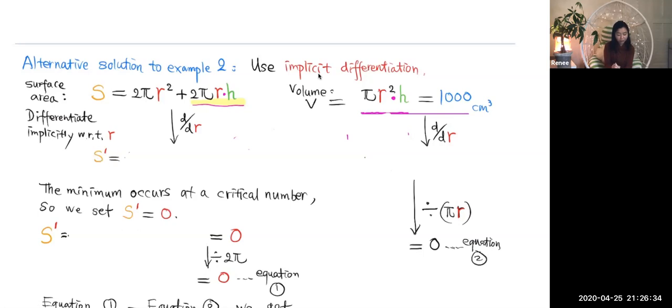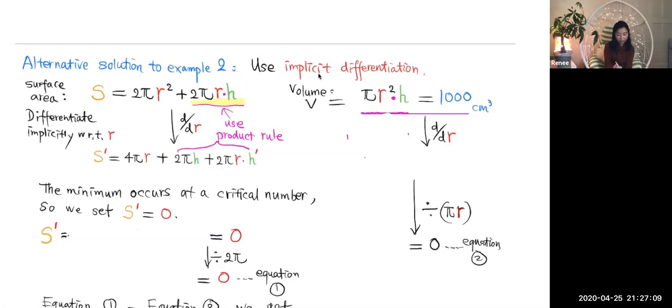And when I differentiate 2 pi r squared with respect to r, I will get 4 pi r, okay? Now for this part right here, remember r and h both are changing, so they are not constant. So when we differentiate that, think about 2 pi r as the first function f, and the h as the second function g.